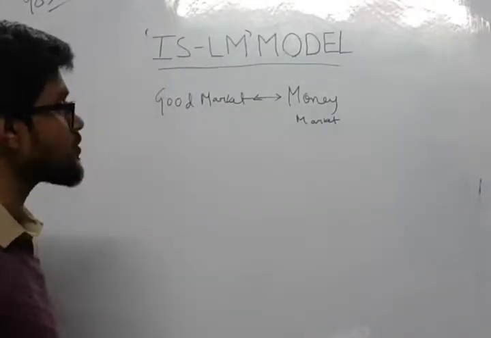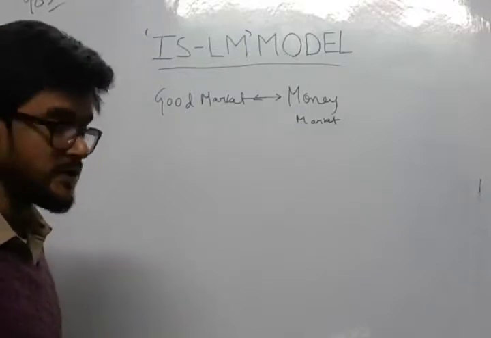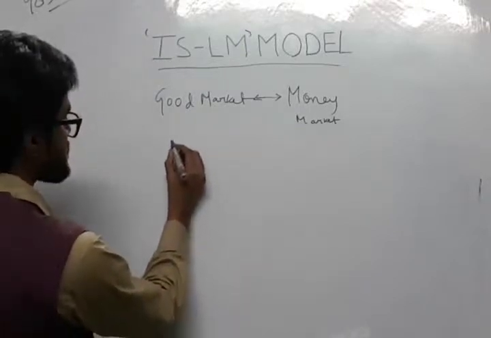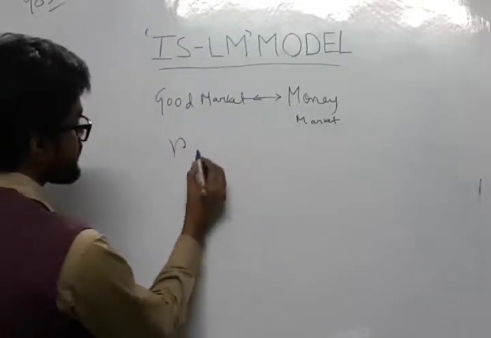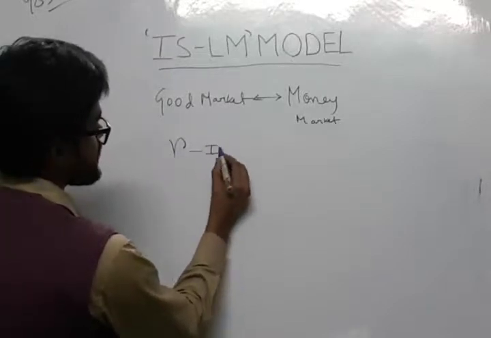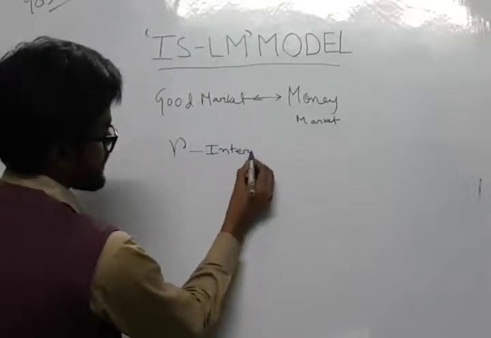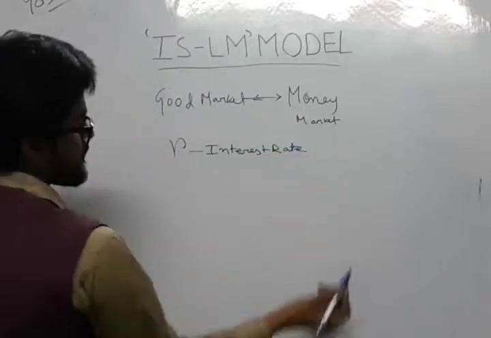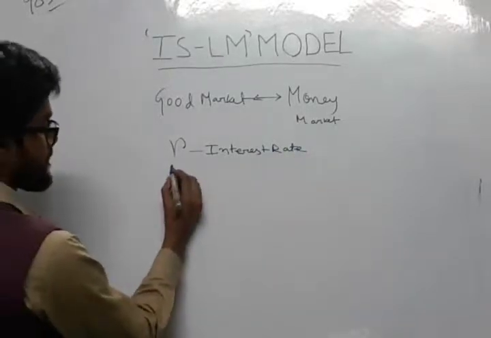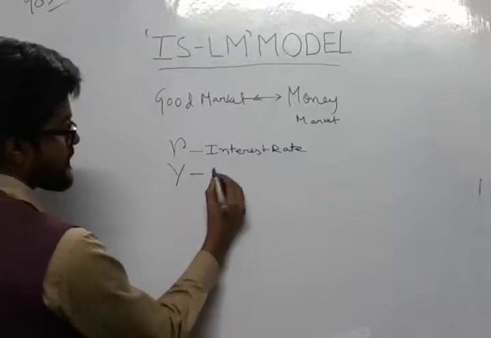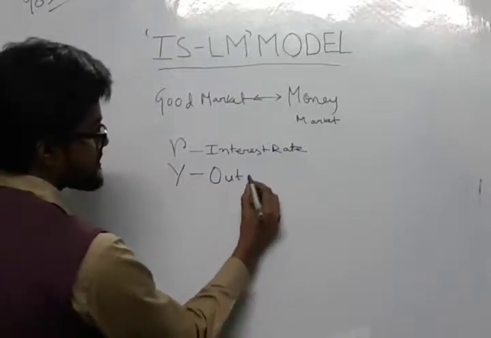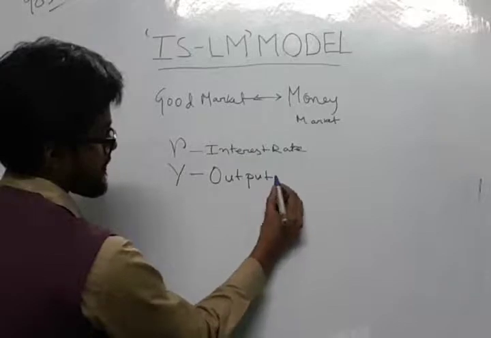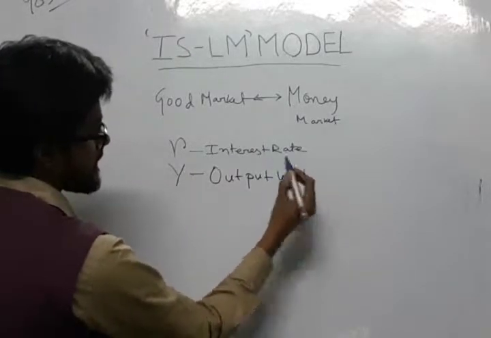The ISLM model shows the relationship between R, which is the interest rate, and Y, which is the output level.